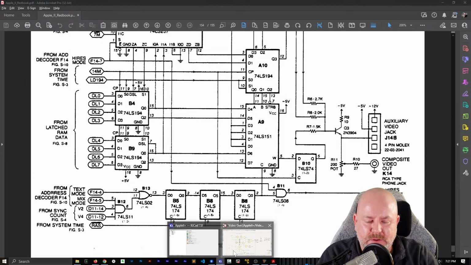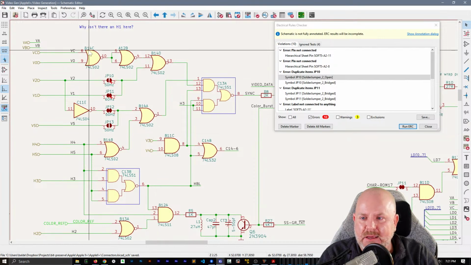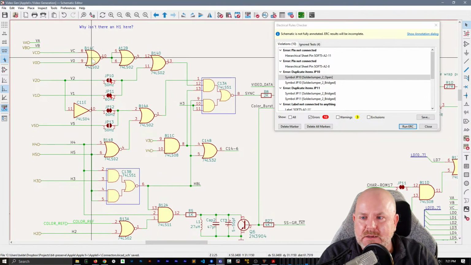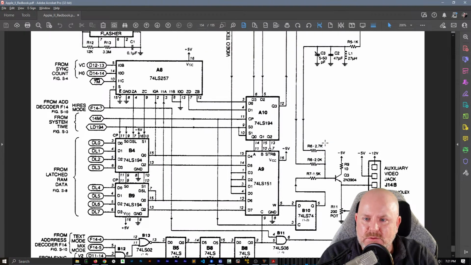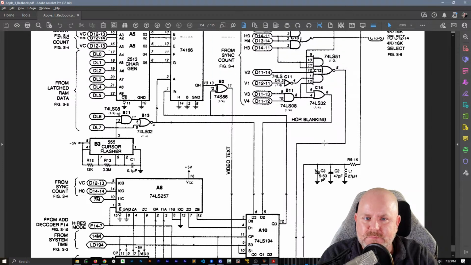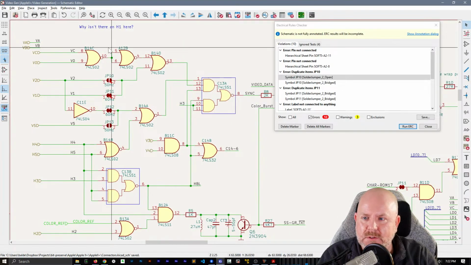Let's go back to the schematic. So there is a B14 and an A12. Do we see anything on here that's B14 or A12? There's B13, B12, not A. Okay. So B13 or A12. Wait, did I say B13? Is that what I'm looking for?